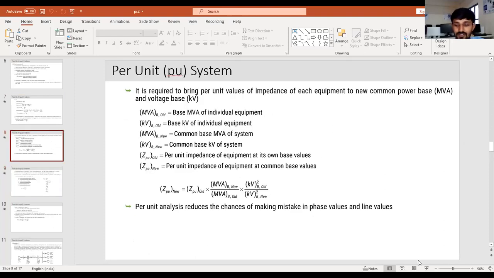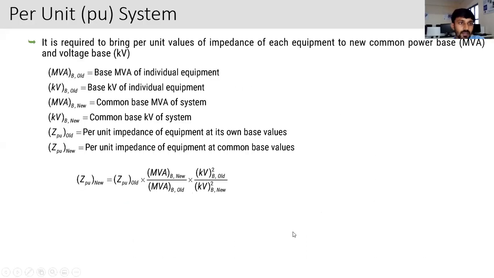So here we can also see the requirement to bring the per unit impedance of each equipment to a new common power base. So we have to track this when one system is connected to another system, otherwise called an interconnected system.